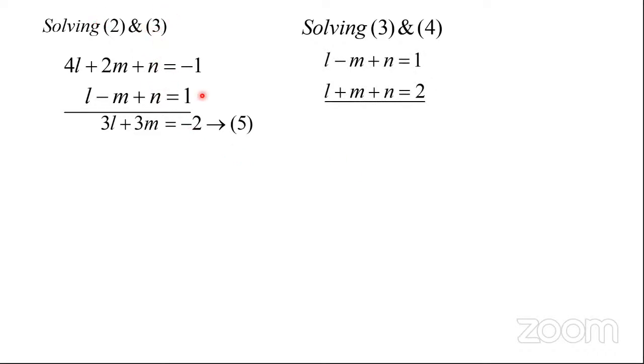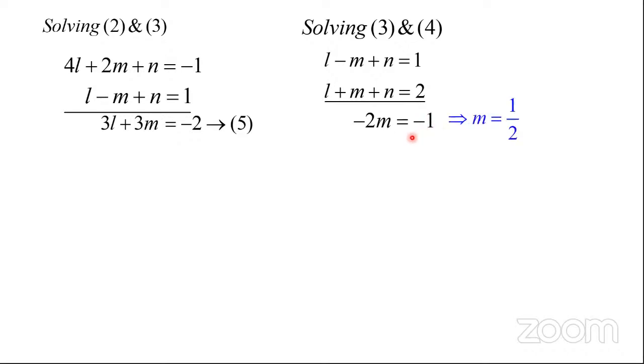Solving 2 and 3, we get equation 5 in terms of only L and M, because n will be removed when we subtract. Similarly, solve 3 and 4. What shall we do? We subtract equation 4 from 3 so that n and n will be cancelled, and we shall get an equation in terms of M and L. Here, L also got cancelled, so we got M directly. Otherwise, we shall get another equation in terms of M and L.